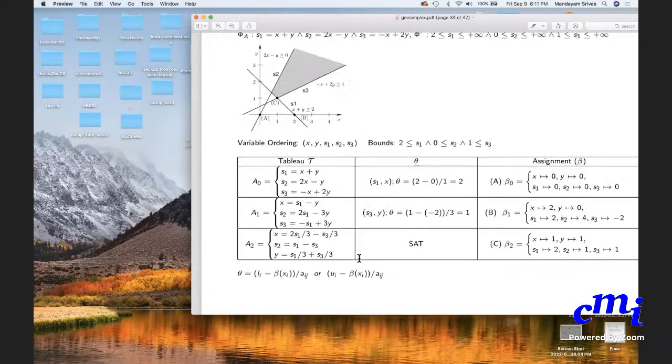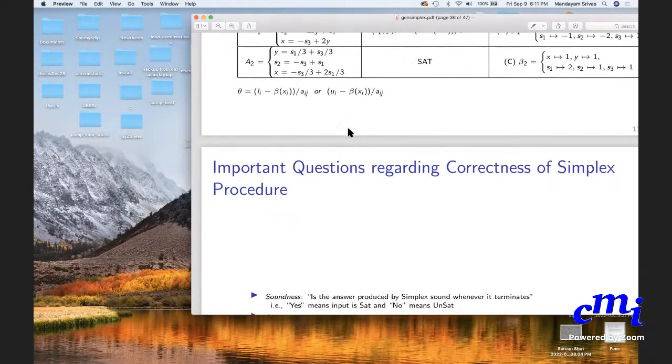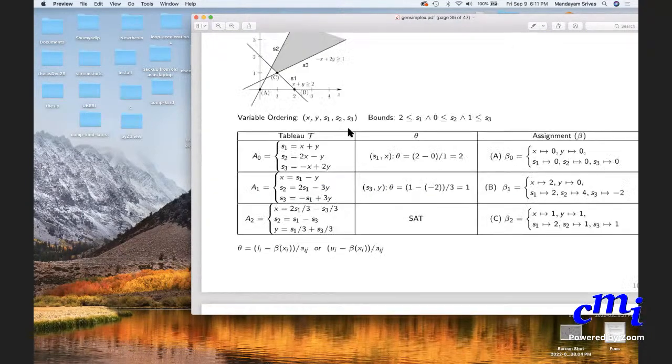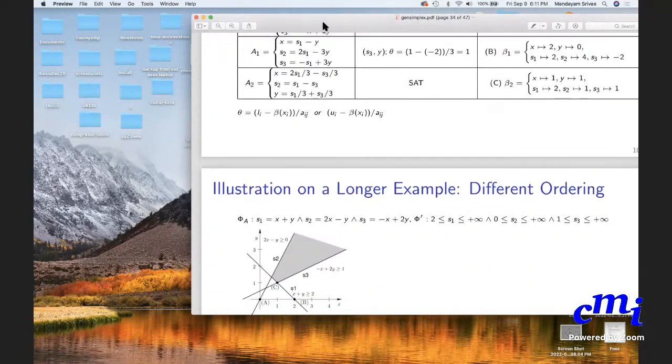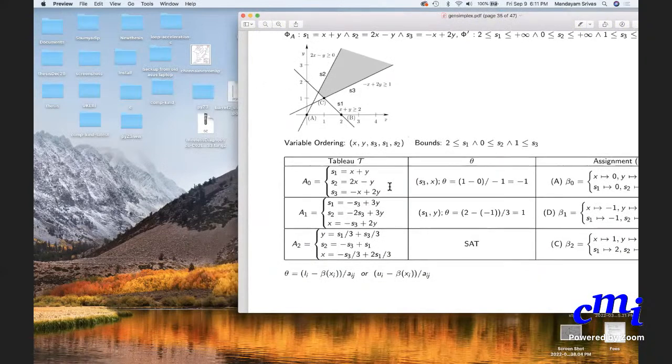Okay, so this is one I discussed. If you use a different variable ordering, here I have illustrated, and you can follow that at your leisure. So if I change the variable ordering to this one by rearranging S3, S1, and S2, you will see that you get another possible solution.